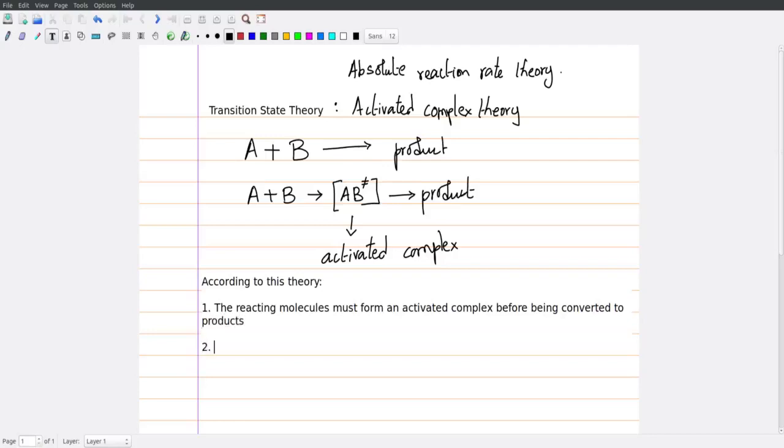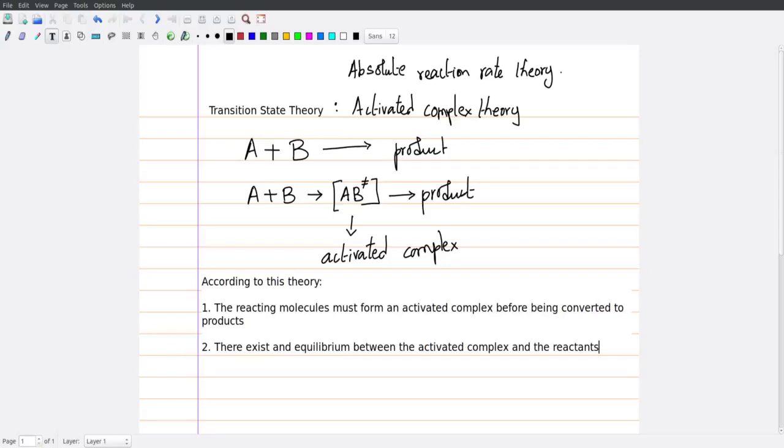The second point is that there exists an equilibrium between the activated complex and the reactants. These are some of the important premises on which this theory is based.